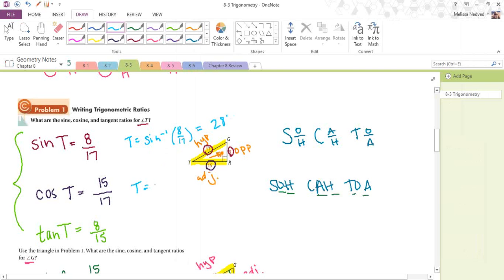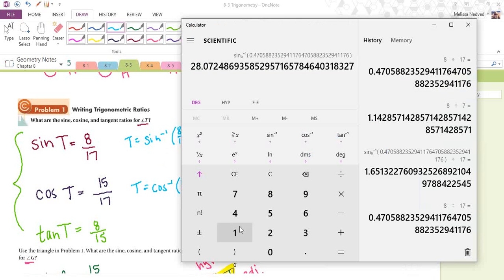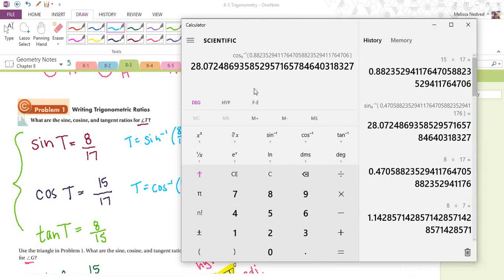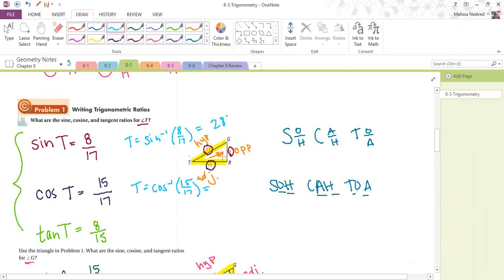What happens if we use inverse cosine? Inverse cosine of 15/17. 15/17, enter, inverse cosine, about 28 degrees. Well, that's good because we should get the same angle measure no matter which trig function we use.